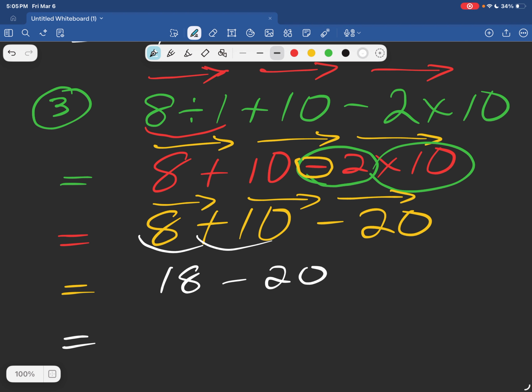And eventually, 18 minus 20 will give us the final answer of negative 2. Why is it negative 2? Just think of it like a bank account. You have $18 and the bank pays a bill for you of $20, which means that you're overdrawn by $2, which is why the minus sign is there. And this is the correct answer.